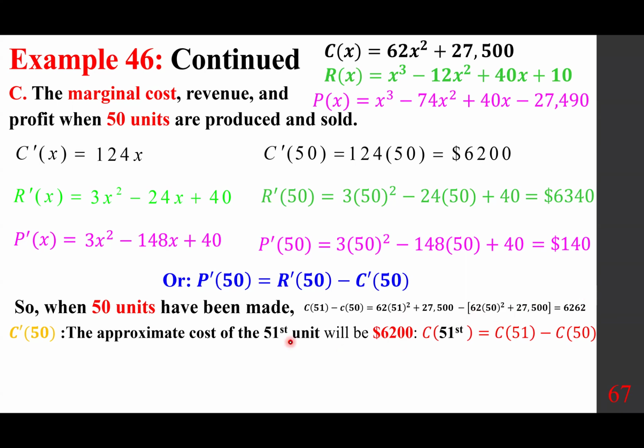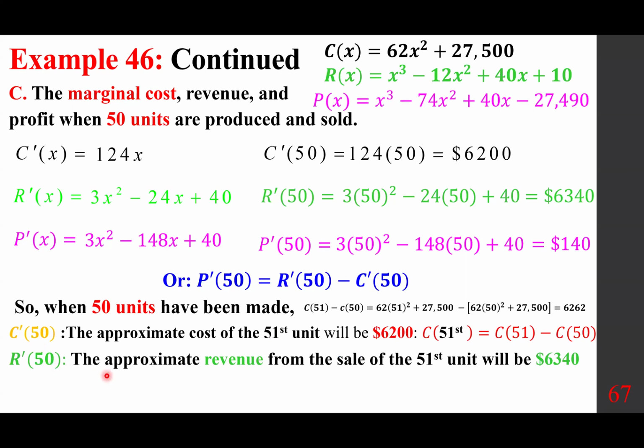So C prime of 50, the concept of a marginal cost is the approximate cost of the next unit. So in this case, C prime of 50 gives us the approximate cost for the 51st unit. So C prime of 100 will give us the approximate cost for the 101st unit.